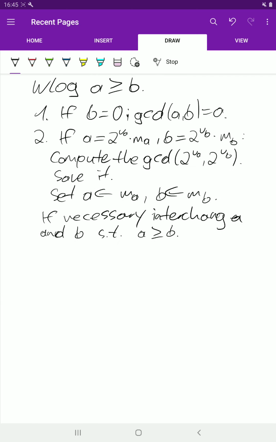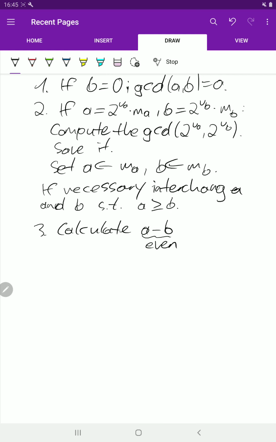Now comes the main trick. The trick is that now our a and b are coprime to 2. Now we can calculate a minus b, and as a and b are odd, this is even.